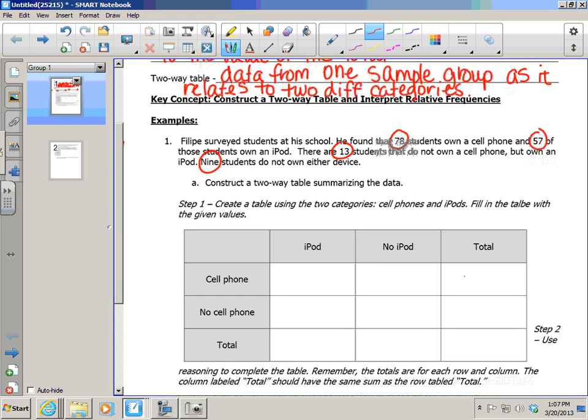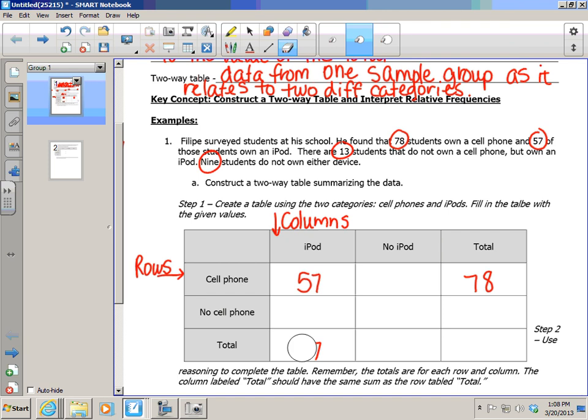If there's a total of 78 that own a cell phone, 78 goes in that column or that row. And these are my rows going this way. And going down, I consider those my columns. And so 57 of those students who own a cell phone own an iPod, and so 57 goes here.